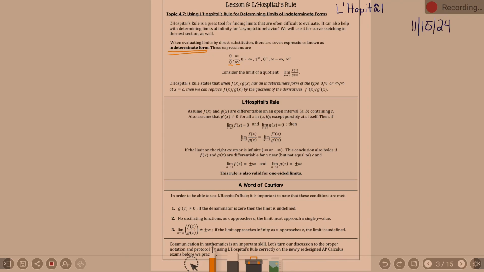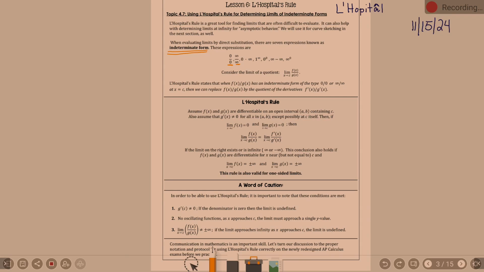Then, if the limit of f equals 0 and the limit of g equals 0, that would be a 0 over 0 form, then you can do the derivatives. If the limit on the right exists or is infinite, positive infinity or negative infinity, this conclusion also holds. That's where infinity over infinity comes in, and we can do the same thing.